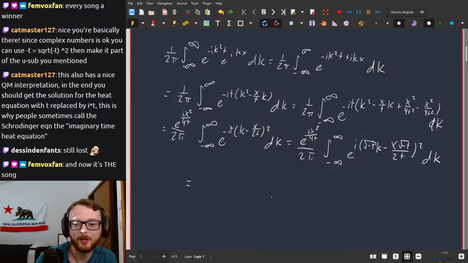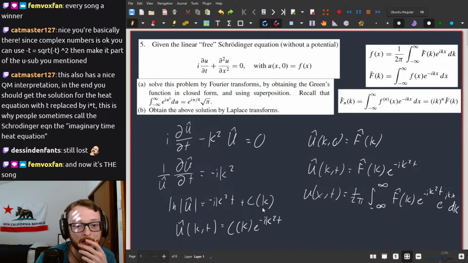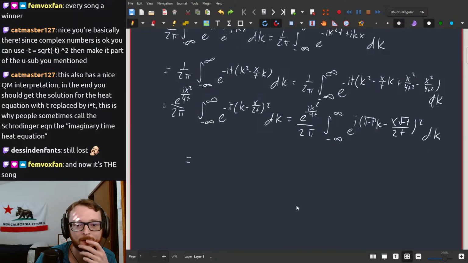So if we do the U sub, we're gonna get a factor of negative root t, or root negative t. The rest of it becomes e to the I pi over 4 root pi.